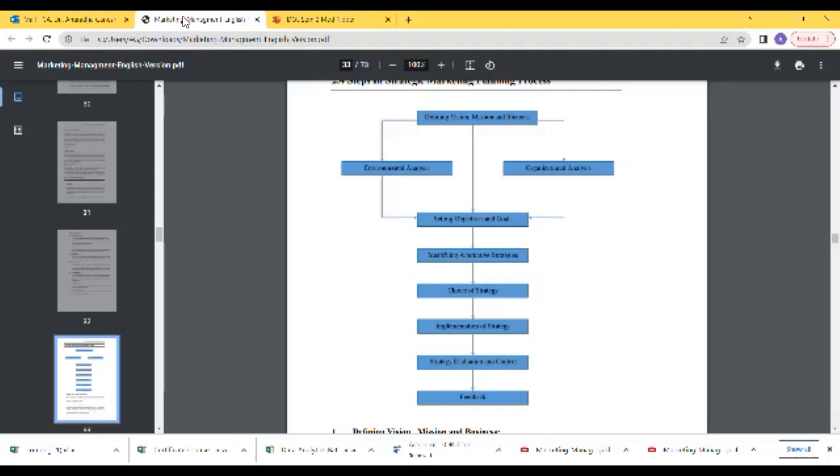So environmental analysis will include analyzing the political, social, legal environment, as well as trying to understand whether the employees, the laborers in the organization are ready to take up the challenges.